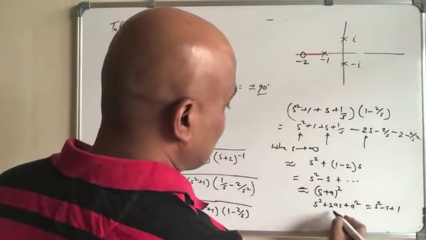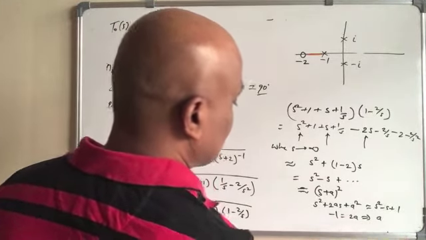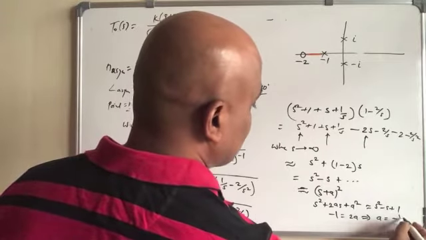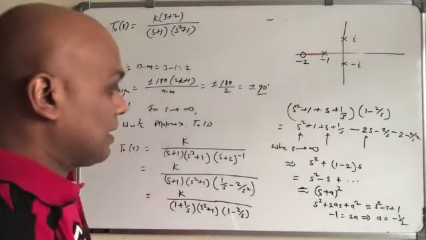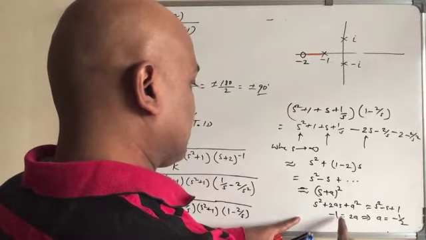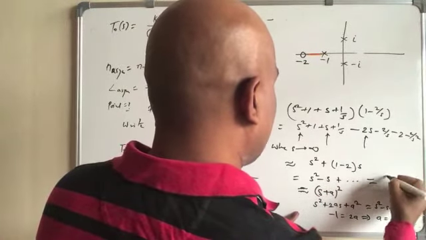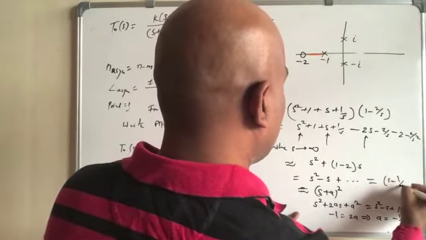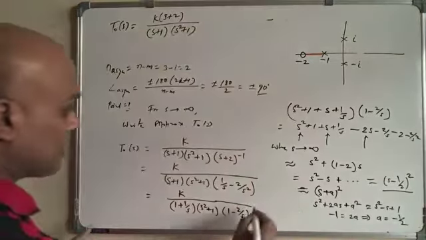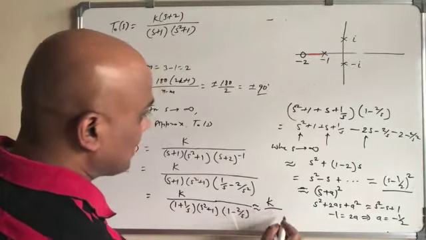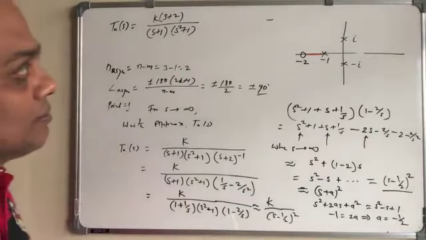So we get minus 1 equal to 2a, and a equals minus 1 over 2. So this is equal to s minus 1 over 2 square. That's what we get. So this one is nothing; we can write k over s minus like this.